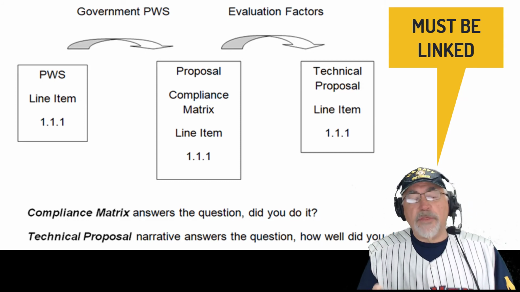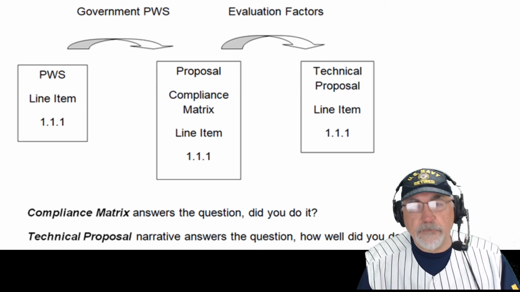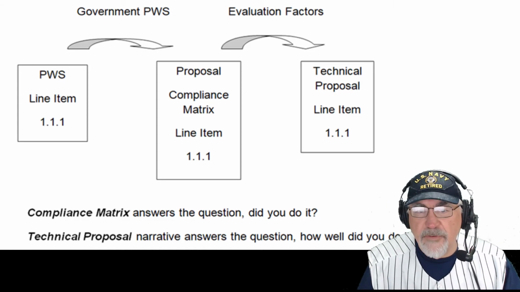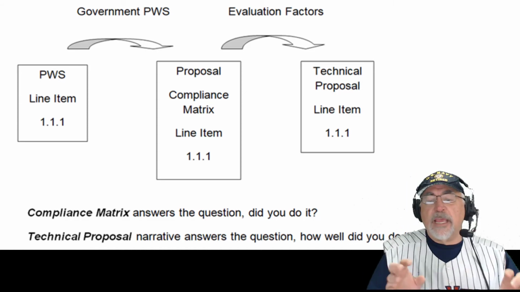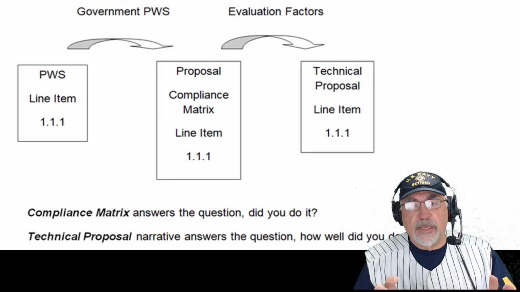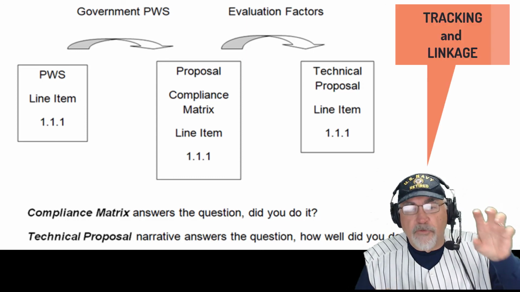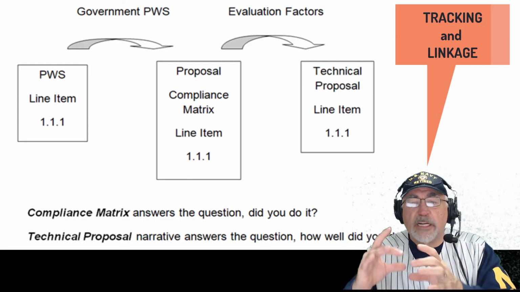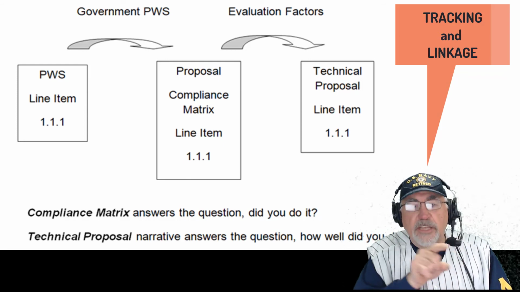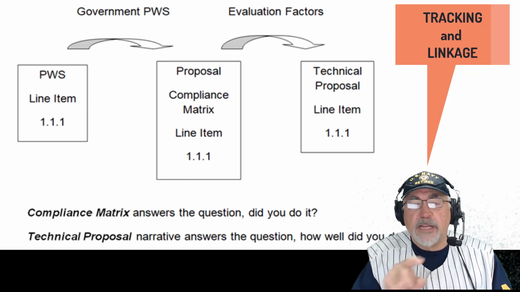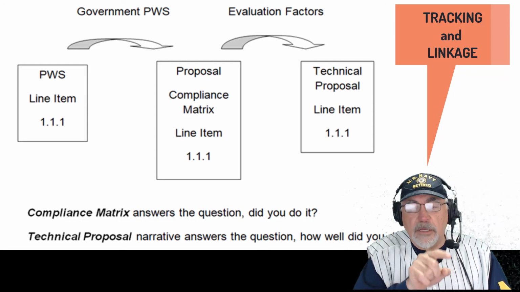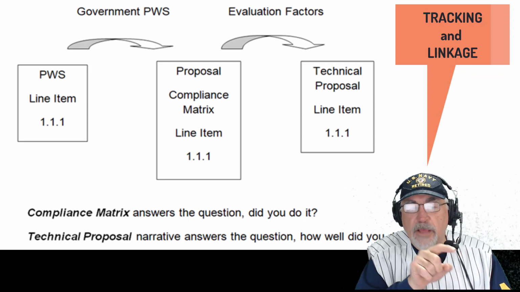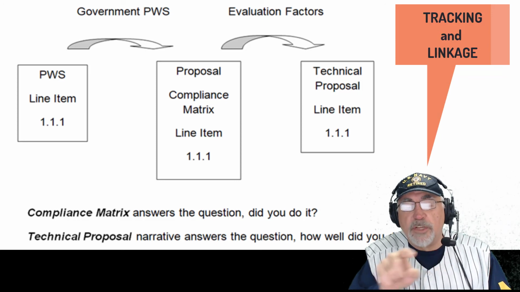So with that, Nicholas from Ypsilanti, Michigan, I presented to you a lot of information there. But the key thing here is remember tracking. You track it from the performance work statement to a compliance matrix over to your technical proposal. Make it easy for the contracting officer and their technical team to follow in their solicitation and their performance work statement your responses.